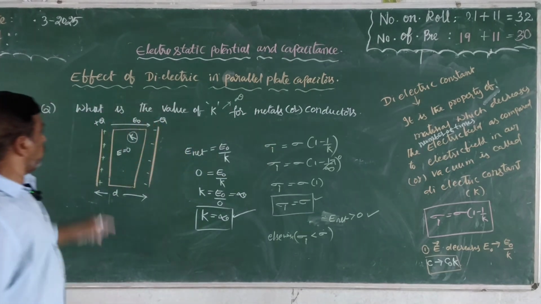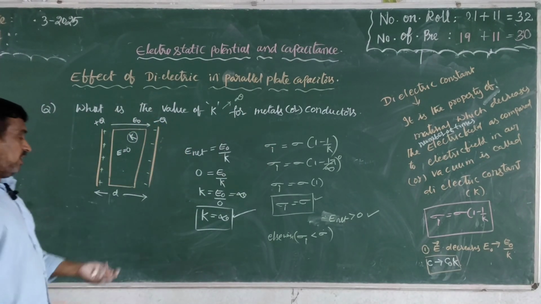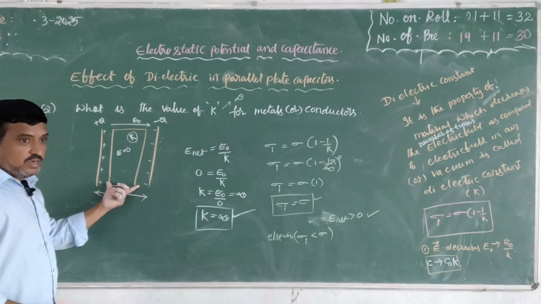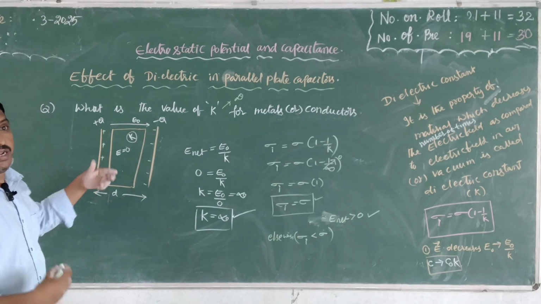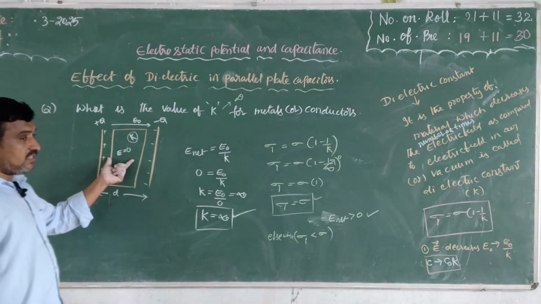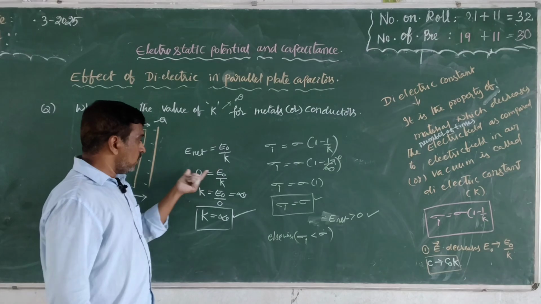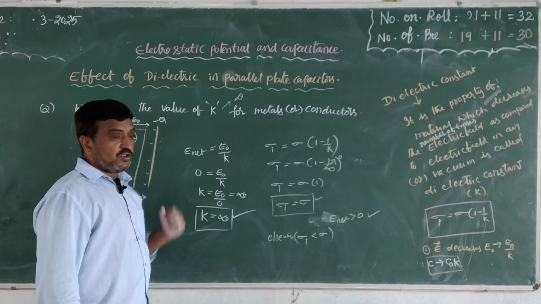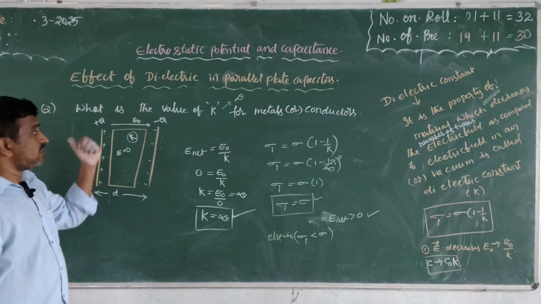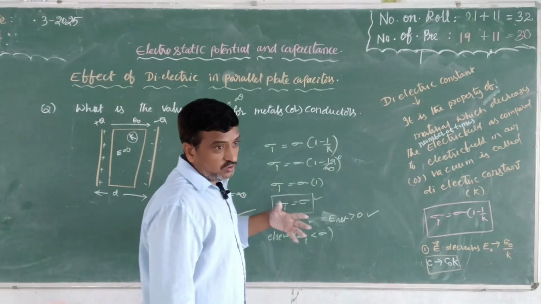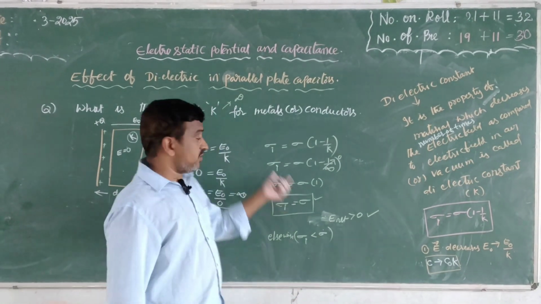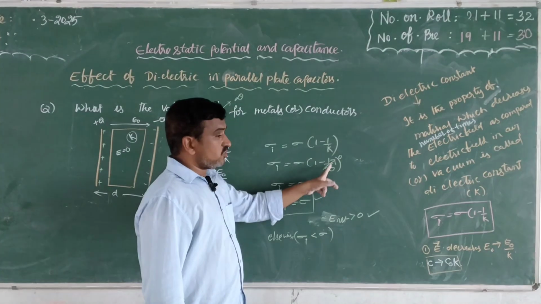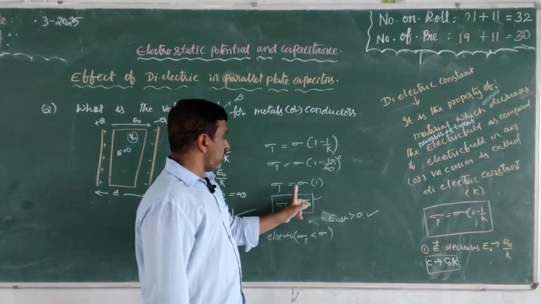What is the value of k for metals? Infinity. How do we find it? Here there is a positive plate and a negative plate, and in between them a dielectric, which is metal or a conductor. The electric field inside is 0. E net equals E naught by k, so E net is 0 and k equals E naught by 0, so we get infinity. Then for the individual surface charge density, sigma I equals sigma into 1 minus 1 by k, which with k infinity gives sigma I equal to sigma.